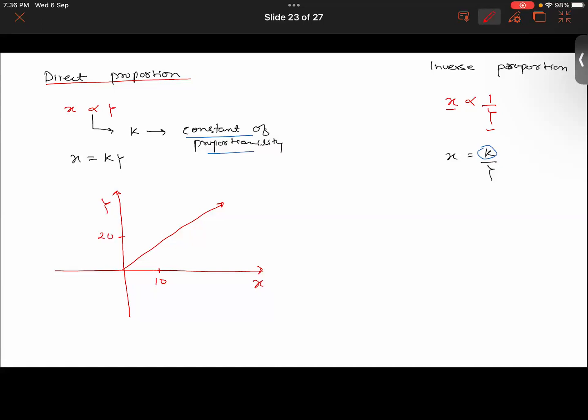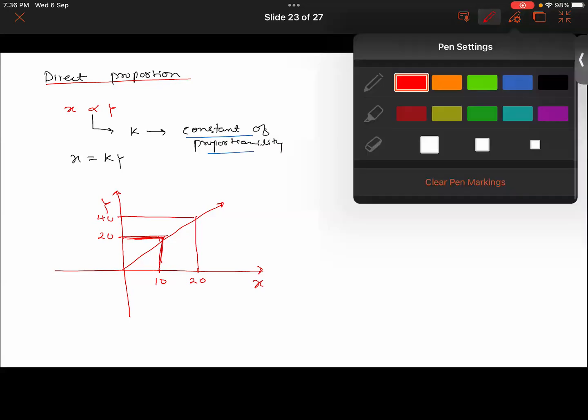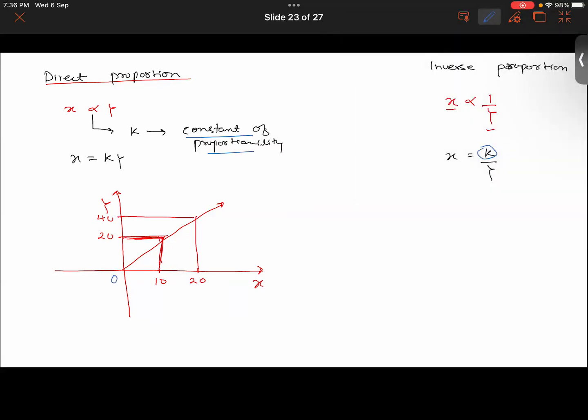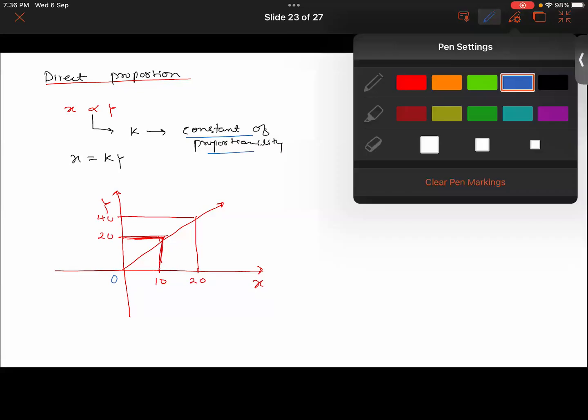If the value of x is 20, then y is 40. So you are getting points like this. And if you join the points from the origin, you will get a straight line in the case of direct proportion.